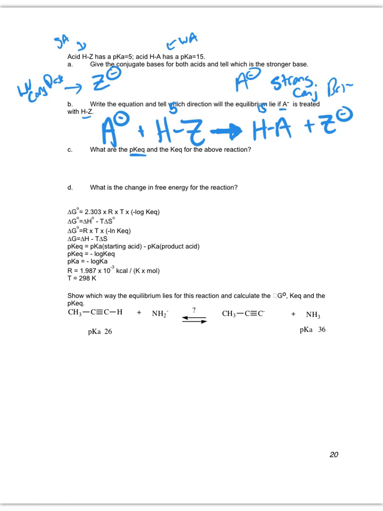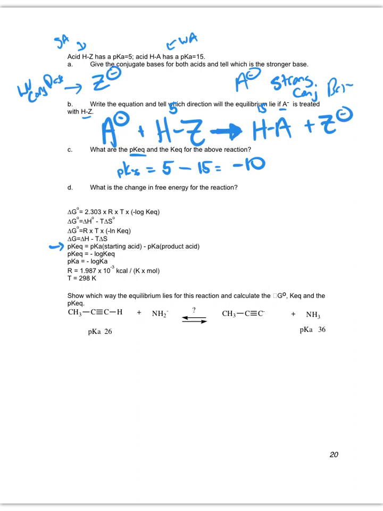Okay, so we have all these equations down here. The only one that's helpful is the pKeq is equal to the pKa of the starting acid minus the pKa of the product acid. So we can figure out the pKeq for the reaction. So it is 5 for the pKa of the starting acid minus the pKa of the product acid, 15, or a negative 10.